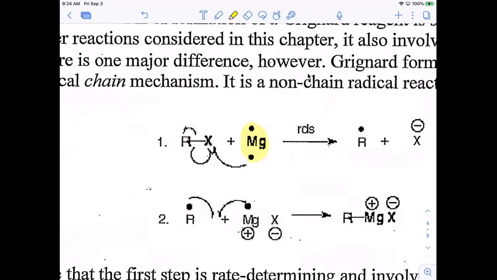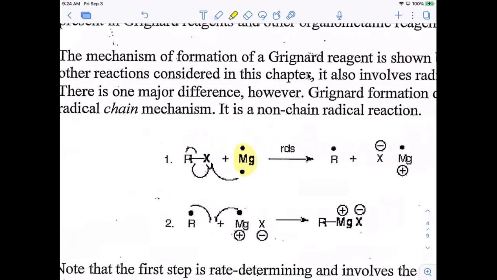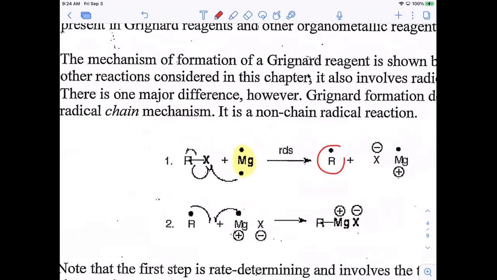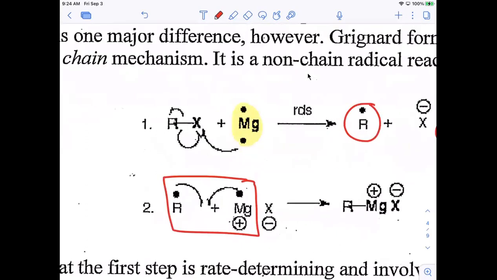I'm going to show you this with a real example, but it donates an electron to facilitate the cleavage of the carbon halogen bond. And then you end up with a radical here, and then a magnesium with 1 electron. So those two couple together in the second step. You can see that right here, right? And then you end up with your Grignard.